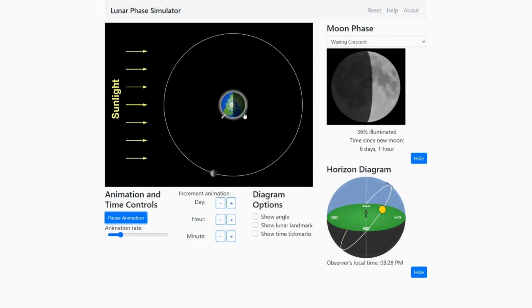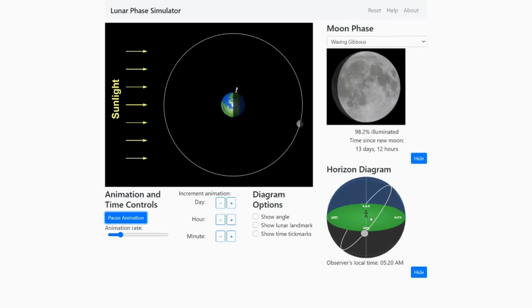That creates a daytime side and a nighttime side on Earth. And on the moon, there's also a bright side and a dark side. Again, this picture represents the Earth from space. This picture represents what we see from Earth, what the moon looks like from Earth. And this represents our perspective, what we can see from Earth.